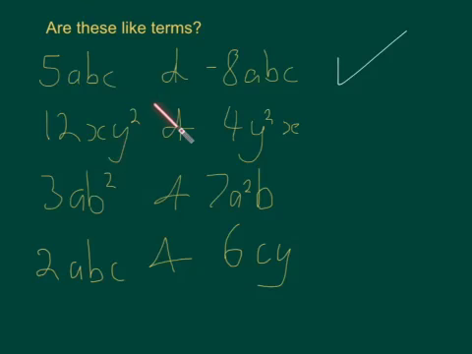12x y squared and 4y squared x. Really that means x times y squared. This also means x times y squared. It's just backwards, okay? Now, are these the same? Yes. Are you getting confused by the squared? Possibly. Remember, y squared actually means y times y.